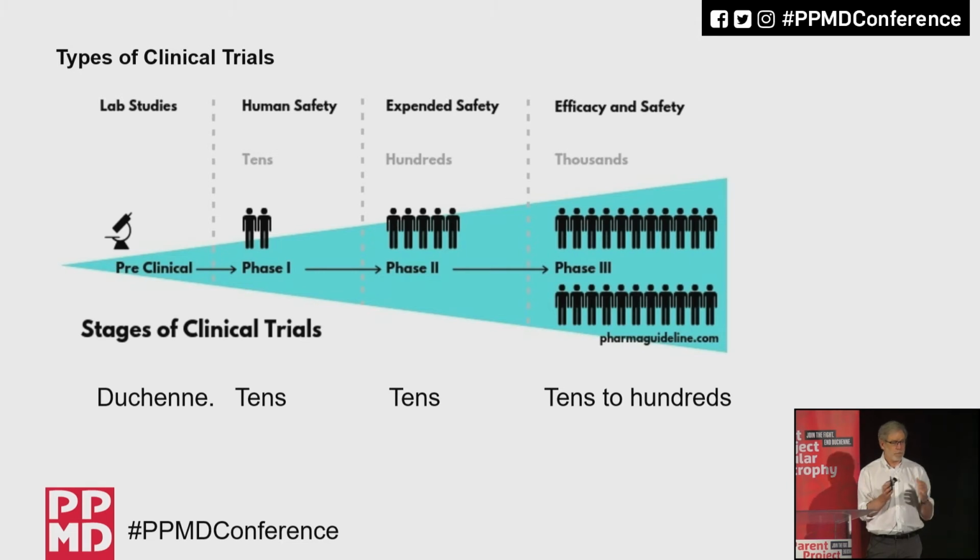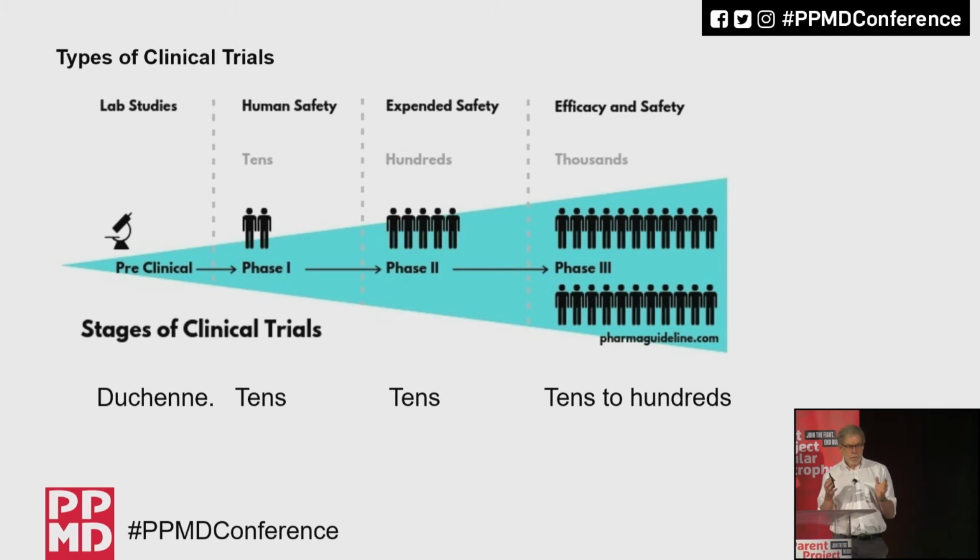So for the human safety, sometimes the phase 1 are actually done in Duchenne boys or young adults, and that's tens. And a phase 2 study would typically be in the tens range of individuals as well, so not expanding to hundreds. Can't think of a single example of a phase 2 study that expanded to hundreds, but I suspect there's one.